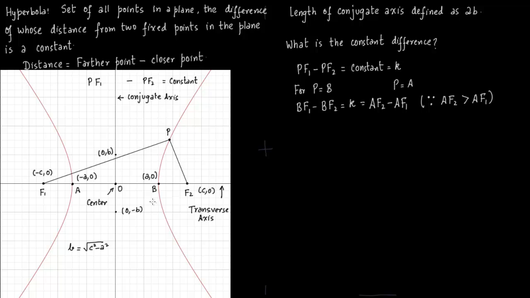And you can see in the figure AF2 is greater than AF1. So now you can look at the figure carefully. First we will write BF1. BF1, you can see in the figure now, is made up of BA plus AF1. Then we just copy minus BF2 down.